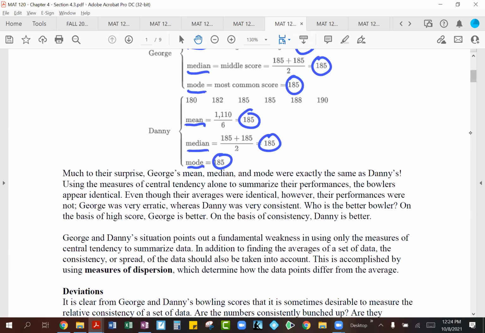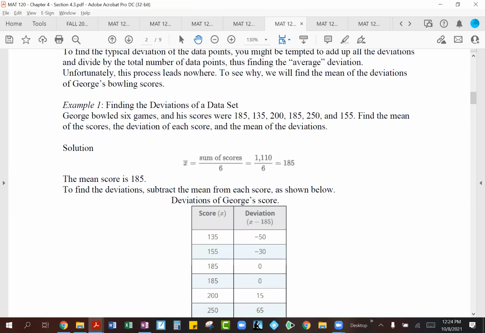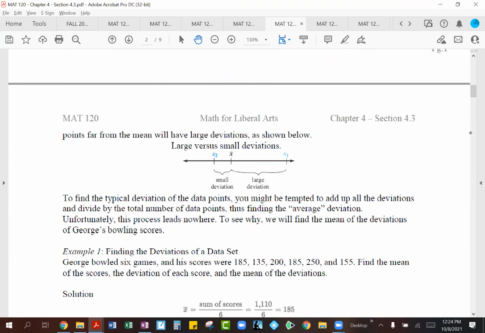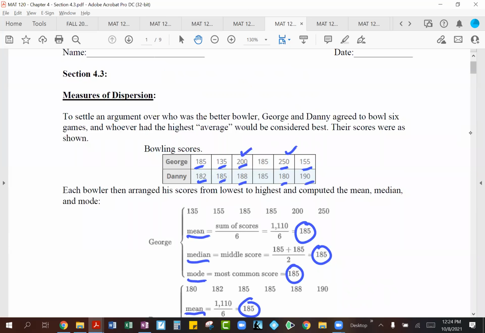So this is where we're talking about how sometimes just looking at the average is not enough. You need to start looking at spread, or dispersion, which is what we're going to be doing with these two guys over here to see who ends up being a better bowler.